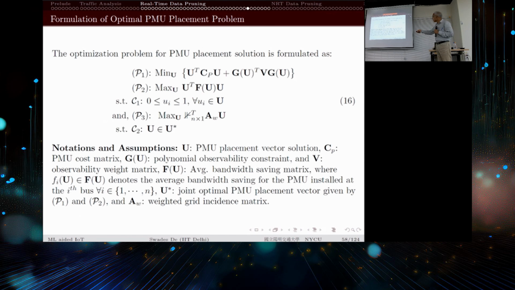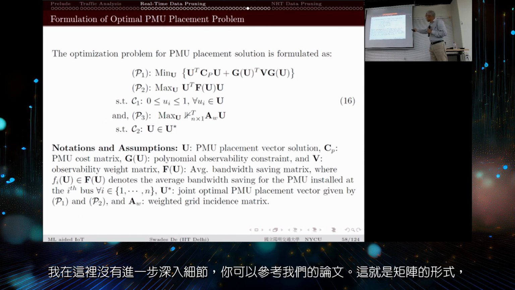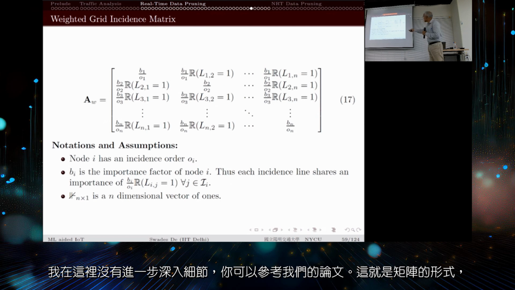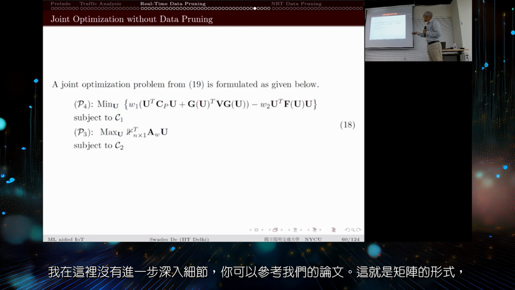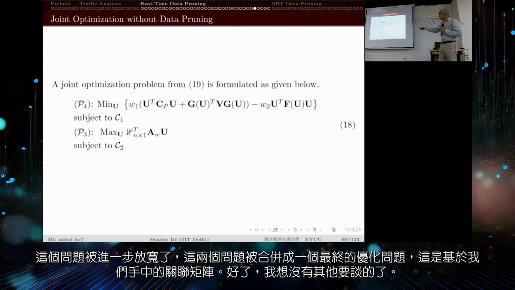These are the constraints. Okay, I have not gone into further details over here, so you can look at the paper. This is the grid incidence matrix, and using that, this problem is relaxed further. These two problems are combined into one problem, and this is my final optimization problem given this grid incidence matrix that I have in hand.